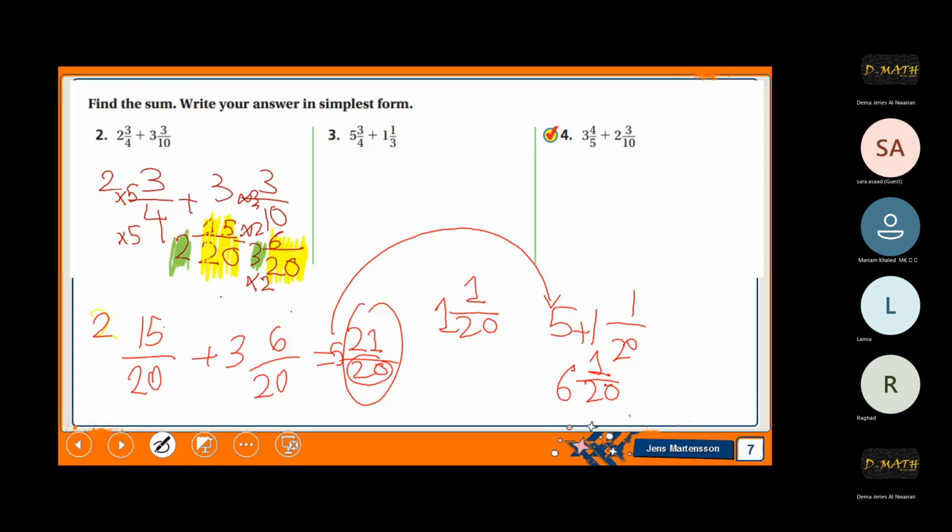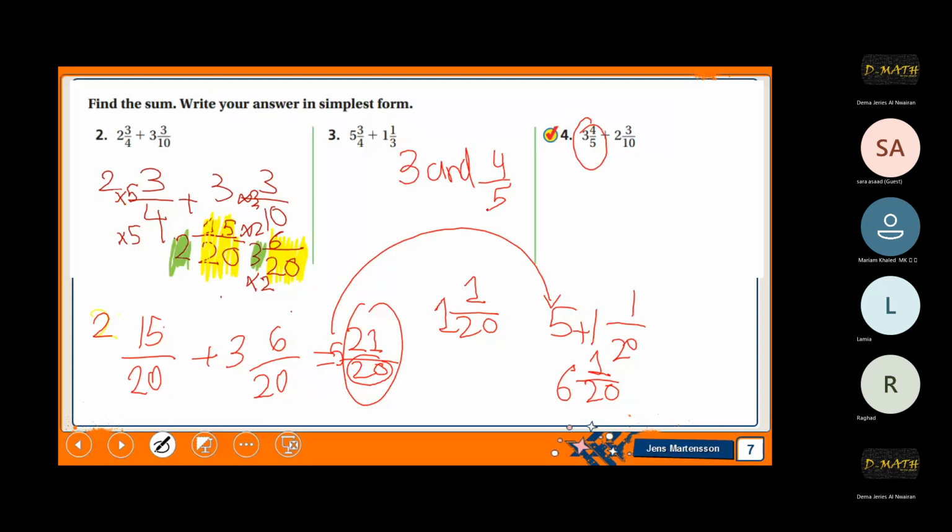Now after that, I say it is 5 plus, and this means here, if you see this number, how you read it? How you read this number? Bravo, you say 3 and 4 over 5. Here, how you read this number? 5 and 21 over 20. Now I change 21 over 20 to 1 and 1 over 20.